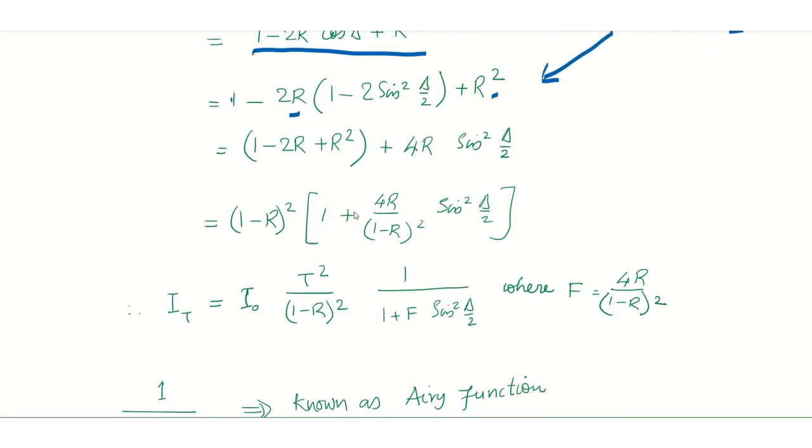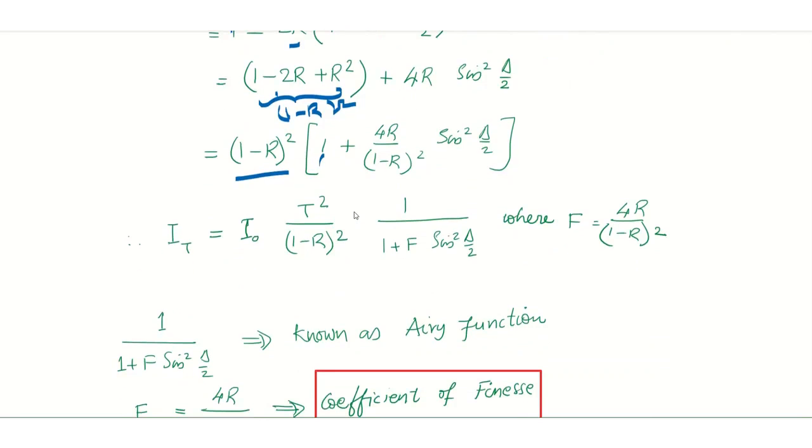If we want to make it in a familiar or traditional form, you will see that later on, 1 minus r square is taken out, and therefore this is what you get.